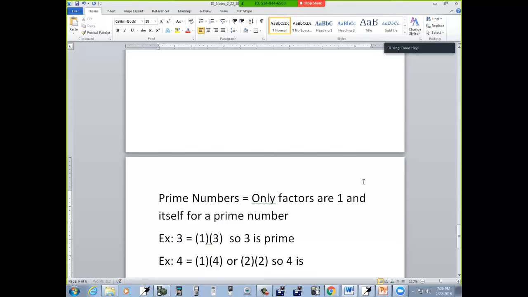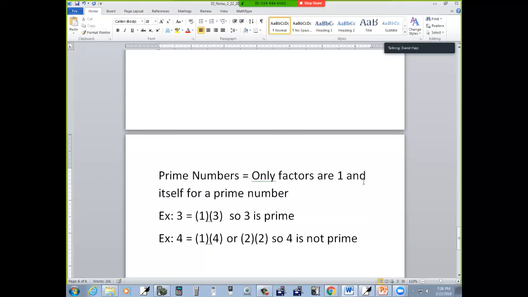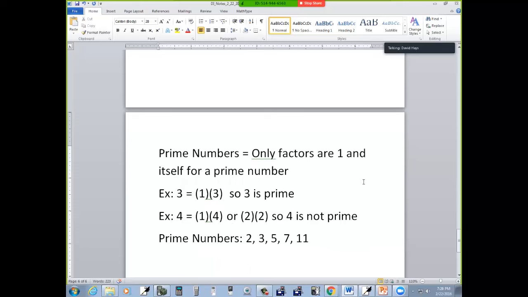So 4 is not prime. Now the prime numbers are 2, 3, 5, 7, 11. There's actually an infinite number of them, but almost 95, 98% of the problems in mathematics revolve around those first 5. Sometimes it gets up to 13, but that's the majority of what the problems are based upon.